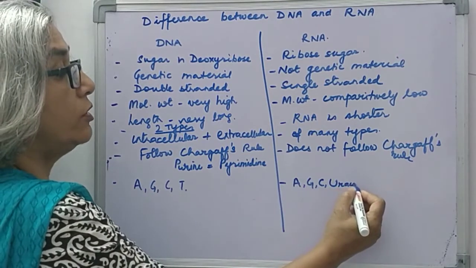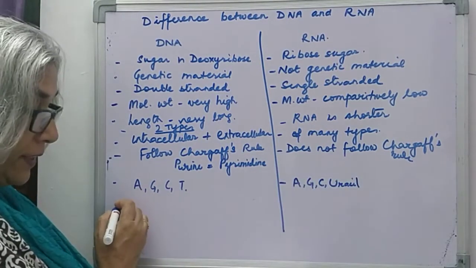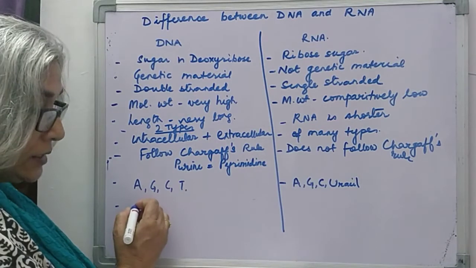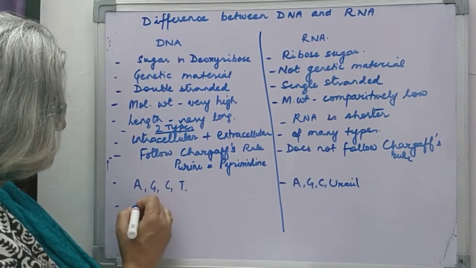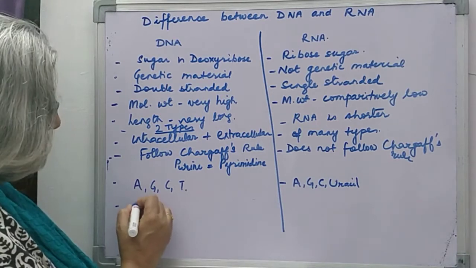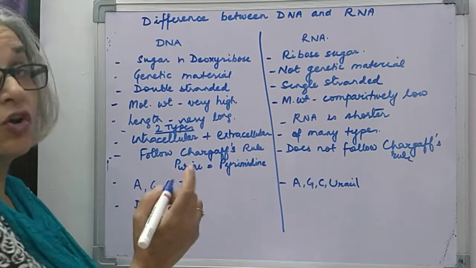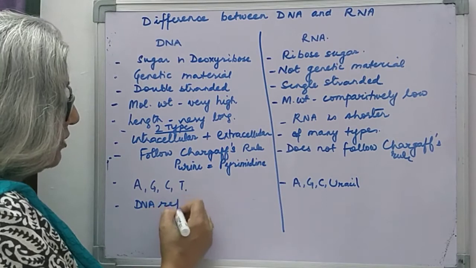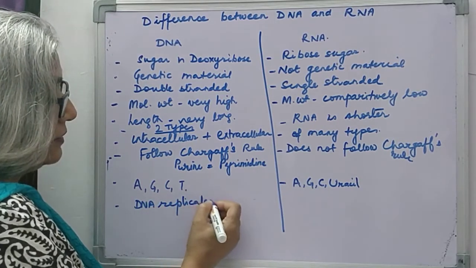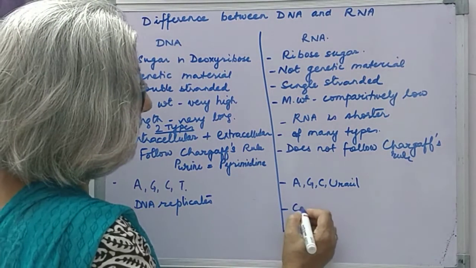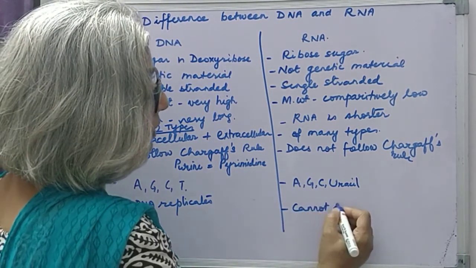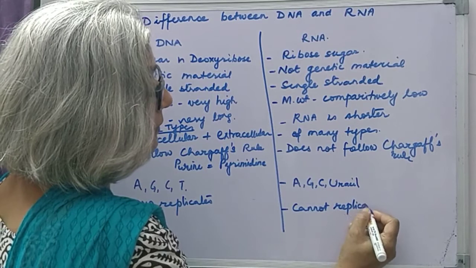U stands for uracil. Then DNA transcribes genetic information to RNA. This is the central dogma principle. DNA first replicates. RNA cannot replicate.